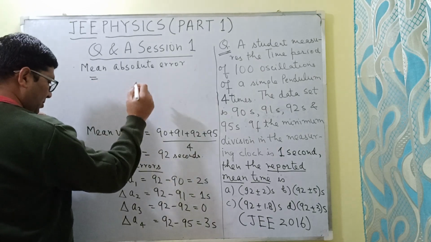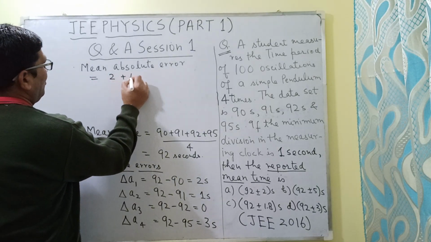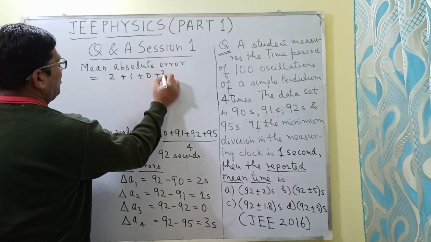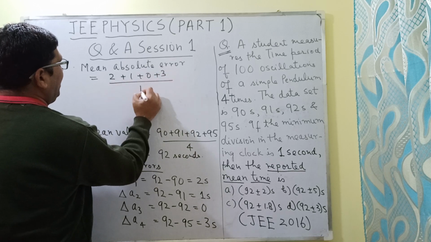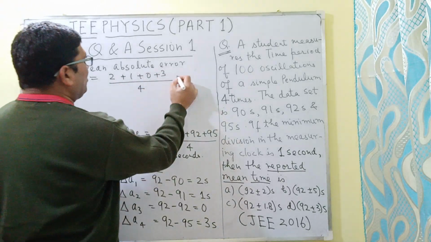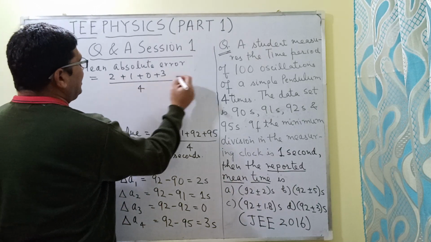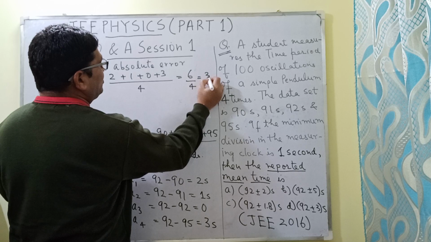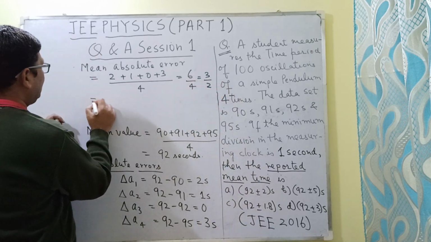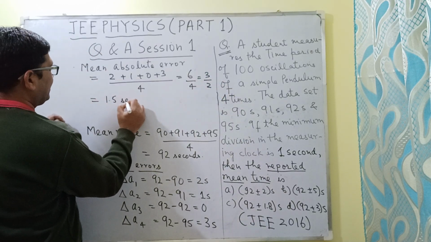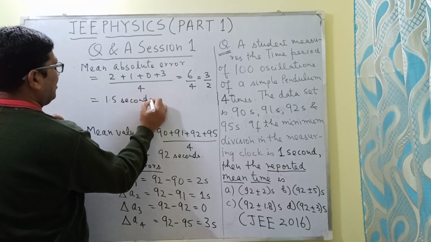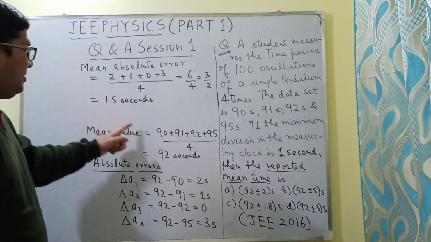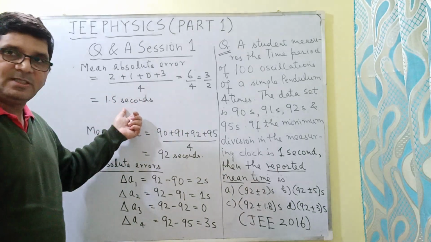This is equal to 2 plus 1 plus 0 plus 3, divided by 4. So this is equal to 2 plus 1, 3, and 3, 6, divided by 4, which is equal to 3 by 2, that is 1.5 seconds. So the mean absolute error is equal to 1.5 seconds.